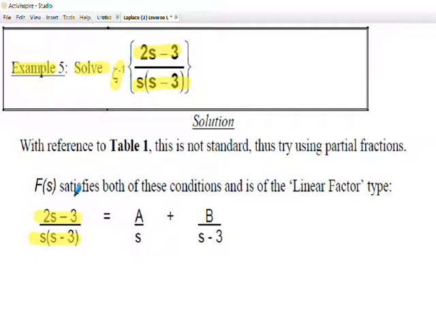So these are linear factors, so I would write the solution as a upon s as my first partial fraction, plus b upon s minus 3. Those will be my two partial fractions. So I need to solve for a and b, and then from there I can hopefully put the function into standard form and find the inverse Laplace transform.